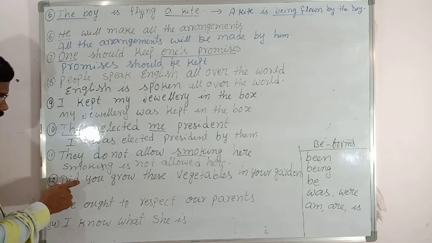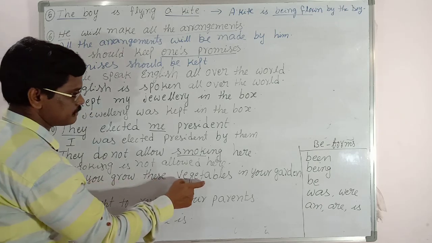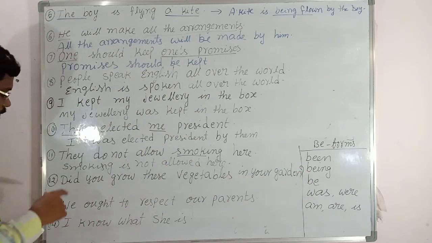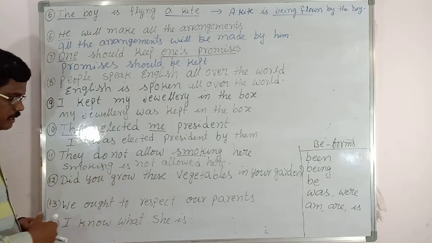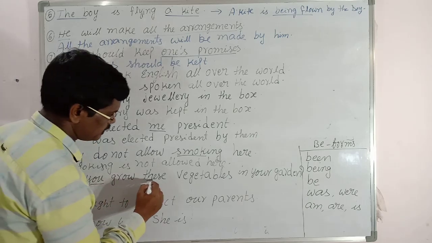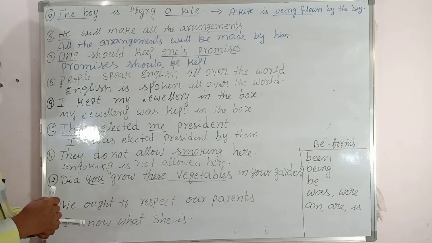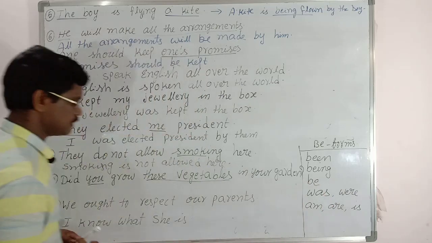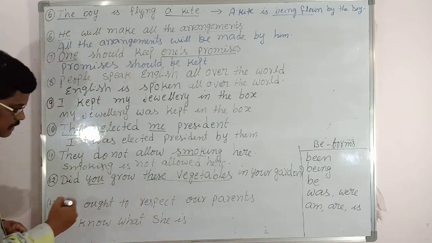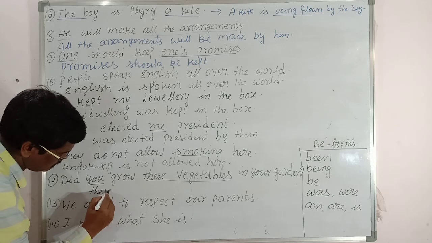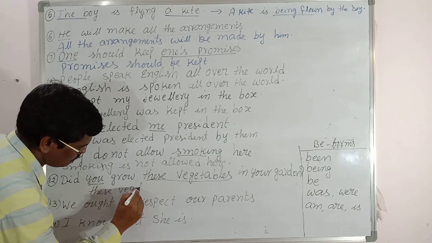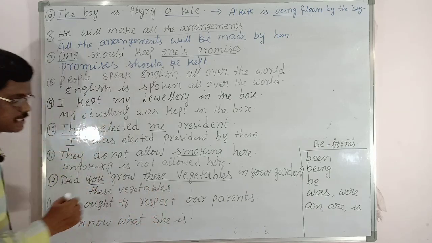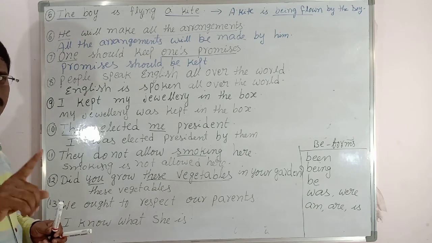Let us see the next sentence. Did you grow these vegetables in your garden? This is a question. Here did is verb 1. This is the subject. These vegetables is the object. So did verb 1 changes to was or were, verb 3. The object, these vegetables, comes in the place of the subject. These vegetables, one vegetable or many?